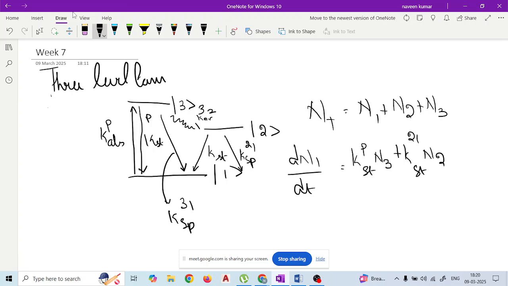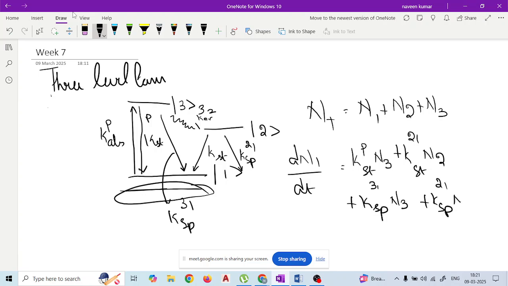It depends upon the energy level, and what parameters are in the conditions. We are going to talk about the ground state. So n3, n2, and again plus K_sp,31 n3 and K_sp,21 n2.